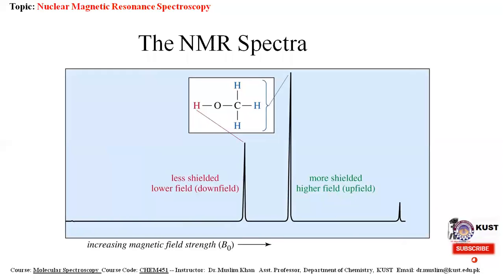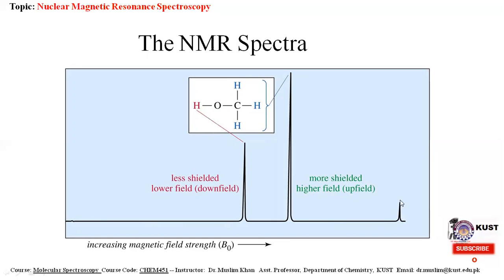The NMR spectrum looks like this for methanol, a very simple molecule. The spectrum starts from here. We will discuss what this peak is in our next slide.